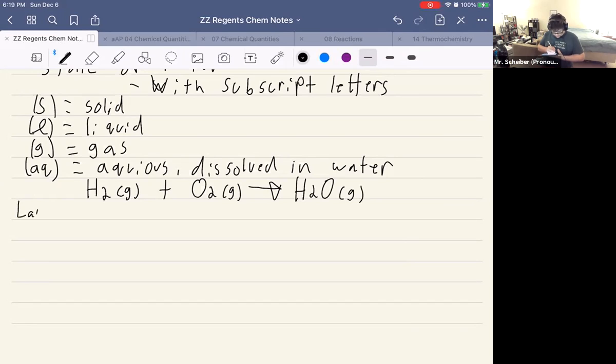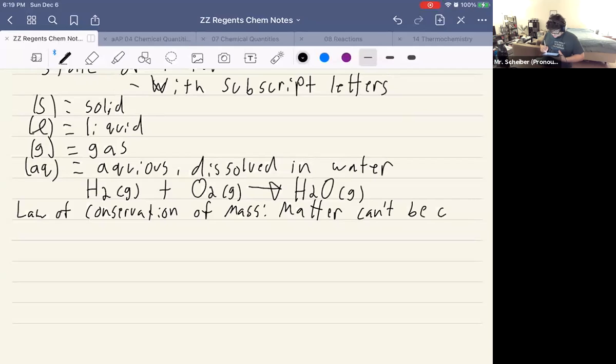There's something called the law of conservation of mass. Hopefully you remember that, which tells us that matter can't be created nor destroyed. Only changed.